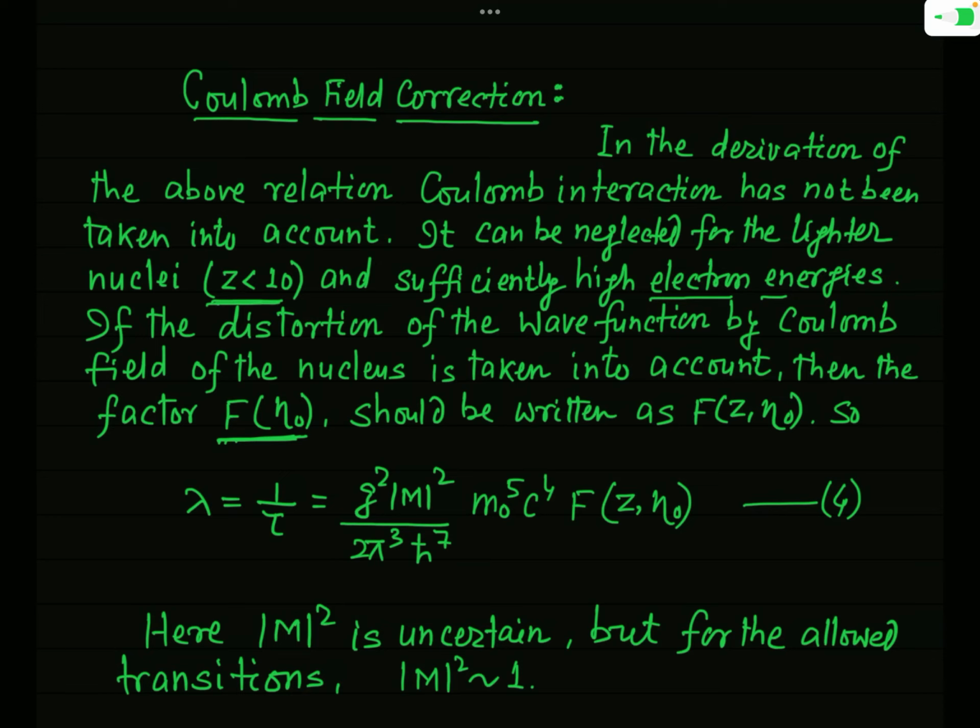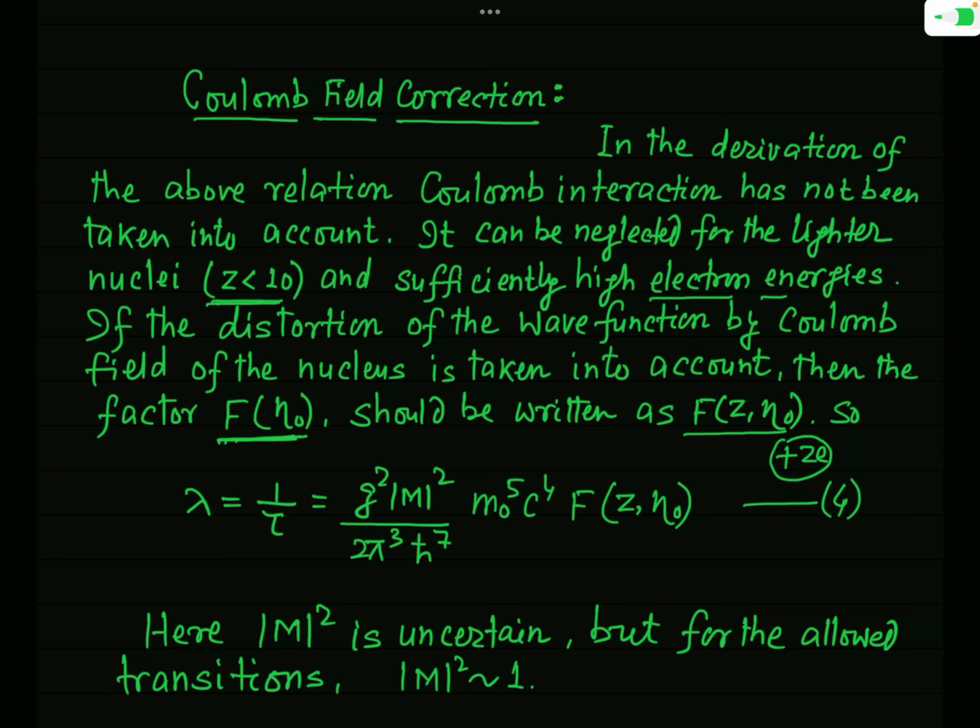For heavier nuclei, you must take into account the Coulombian interaction, and that will depend on Z, because if Z is the atomic number of the nucleus, then the charge of the nucleus will be Ze, and this Ze decides the strength of the Coulombian force. So in this condition, this function f will not be a function of eta naught only, but a function of Z and eta naught.